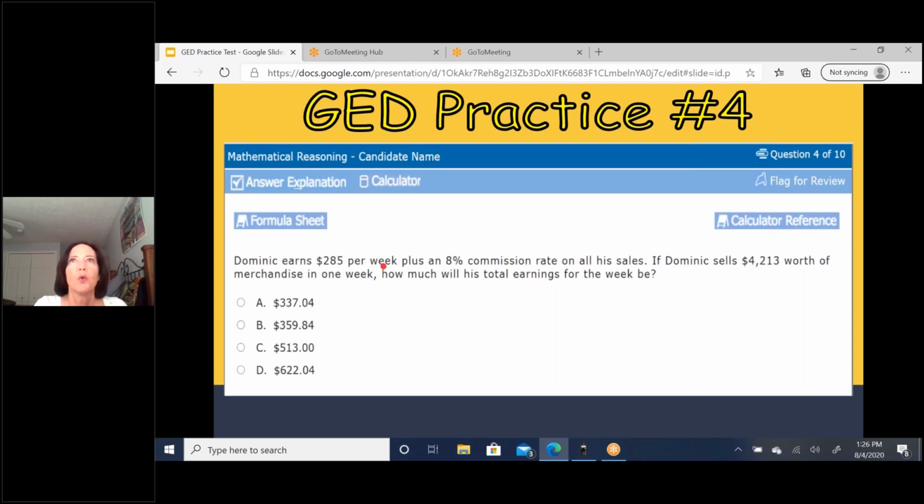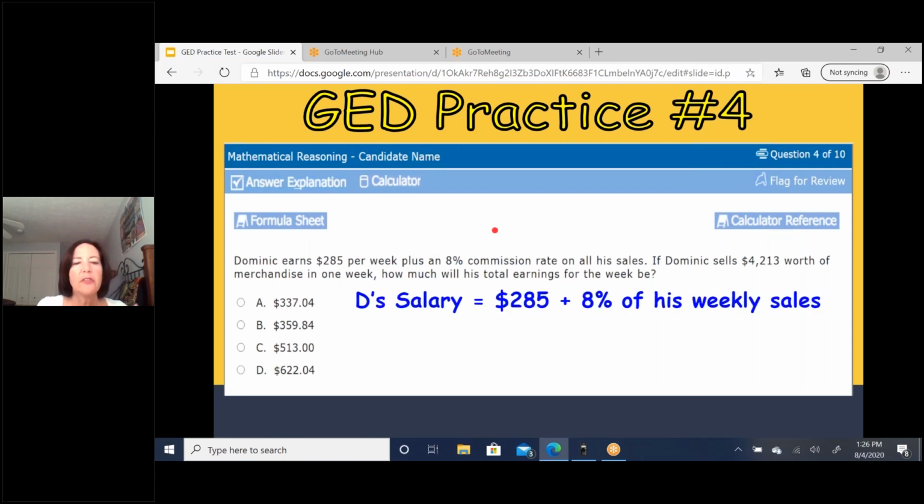Okay, so when you are selling something and you are paid a commission, it means that you get that percent of all your sales. So what do we know here? We know that Dominique's salary is going to be $285 plus he gets 8% of everything he sold that week.